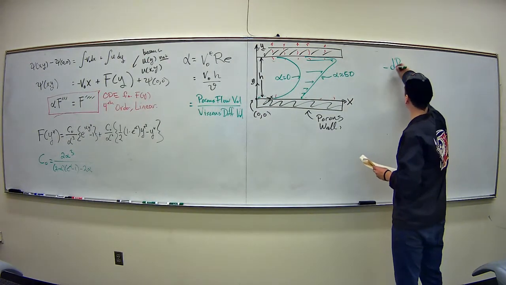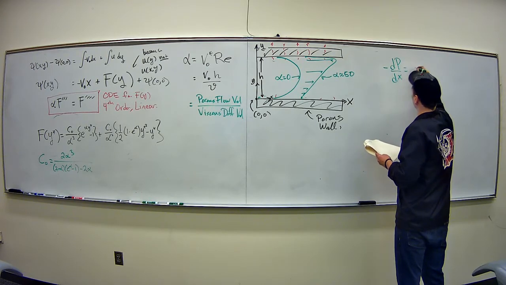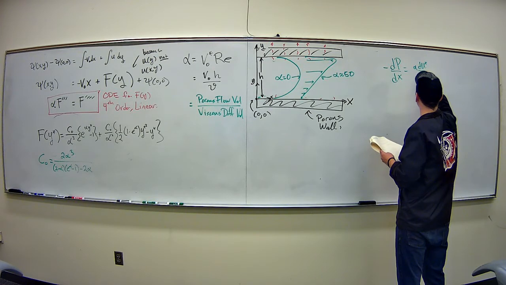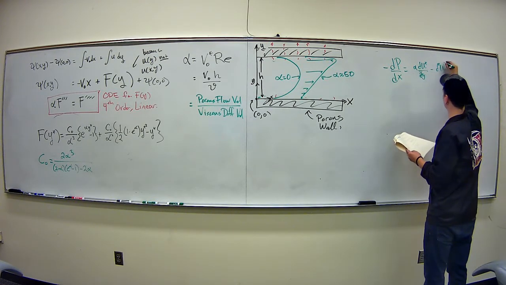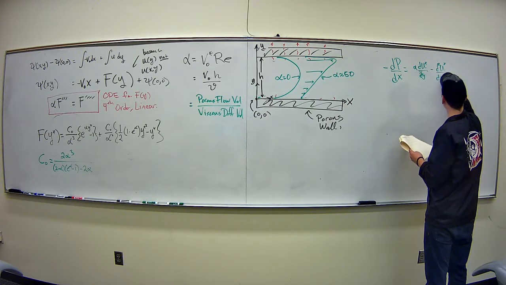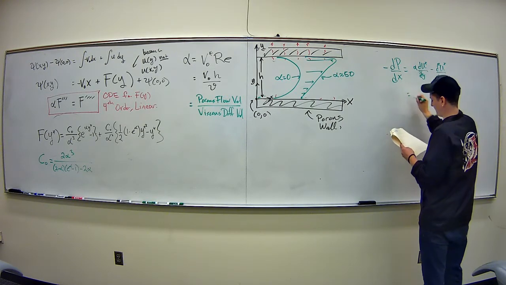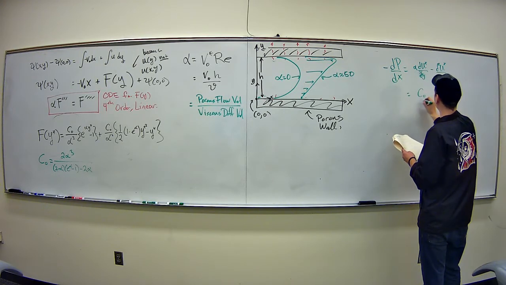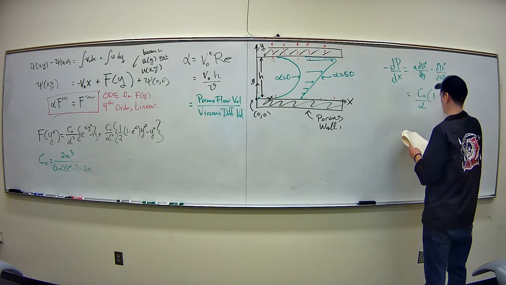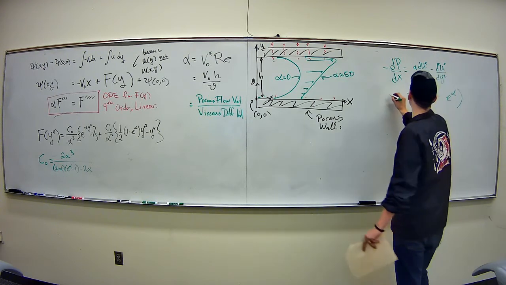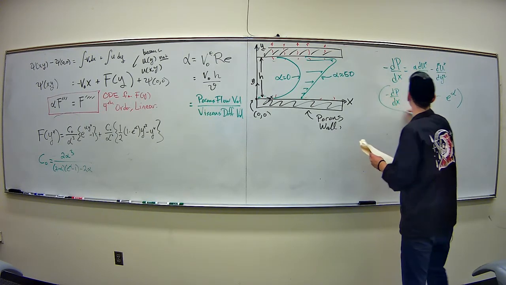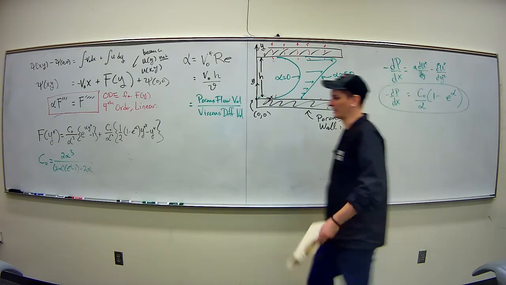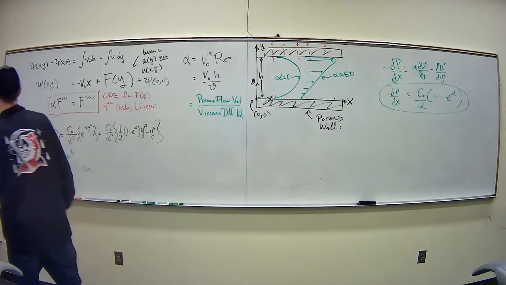If I have this dp, being this, just calculate that out, and then I have this C naught divided by alpha, right? So this is now, right, now I can calculate what this pressure gradient is.